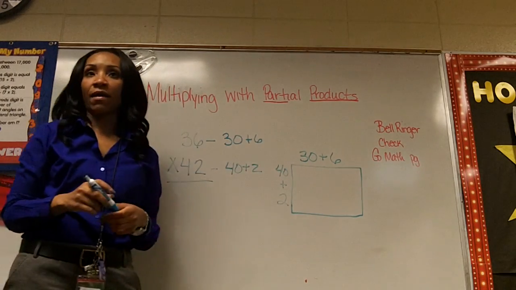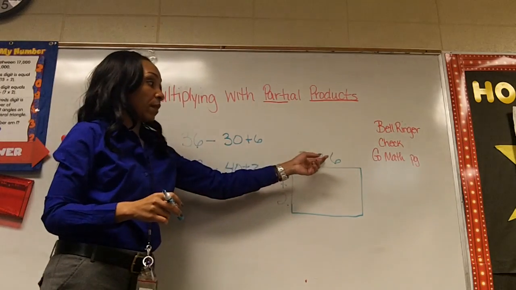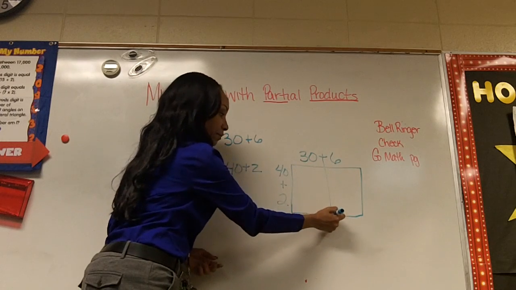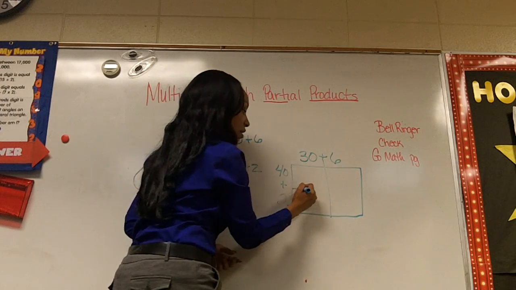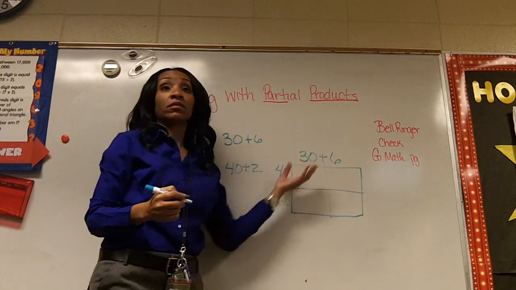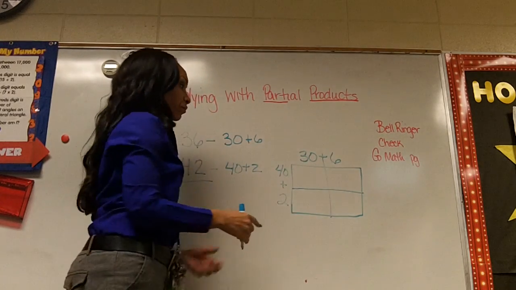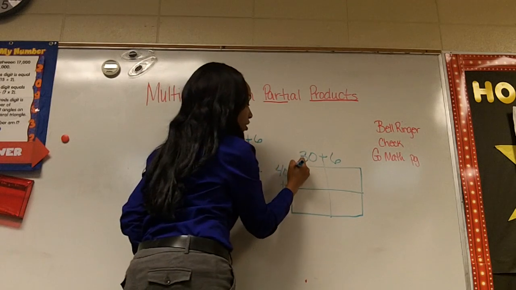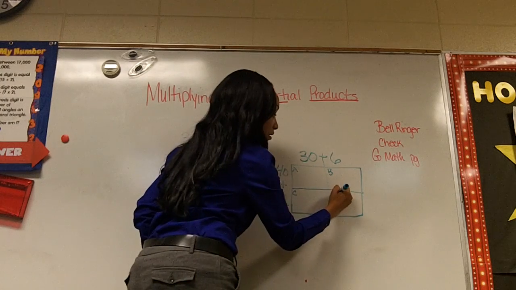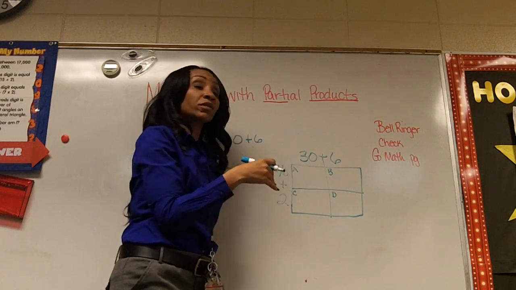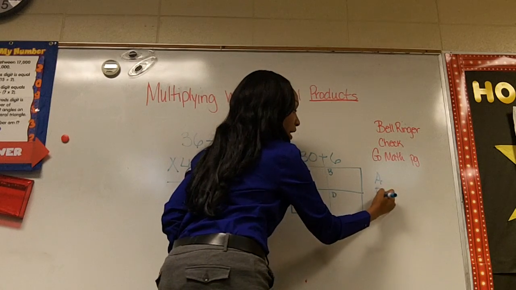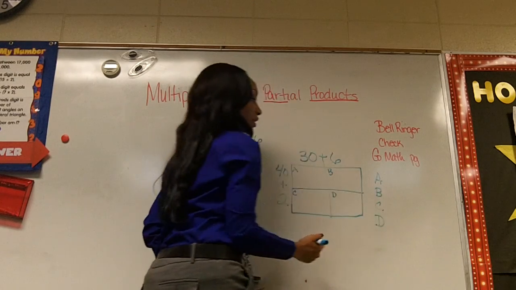Now, each time that I put my plus sign, I want to draw a line because that is going to help me separate my products into partial products. I want to label my boxes just because it helps me make sure that I have each of my numbers that are in my boxes together. So I'll come to the side and write A, B, C, and D.